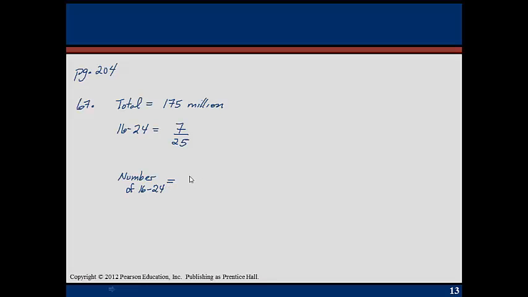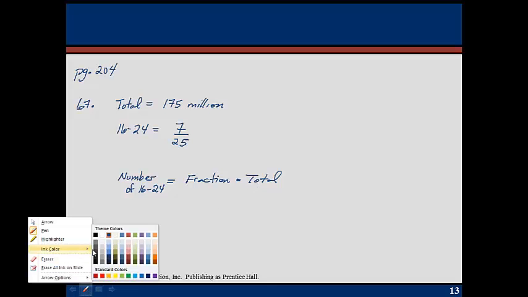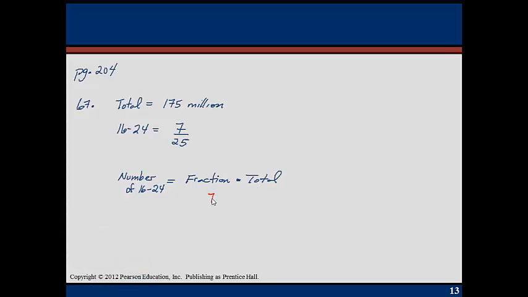So to do this, we're going to take the fraction they give you and multiply it by the total. So the fraction is 7/25 times 175 million.